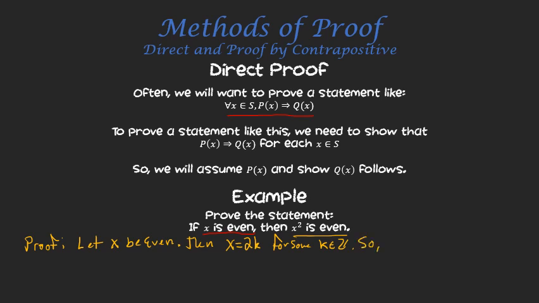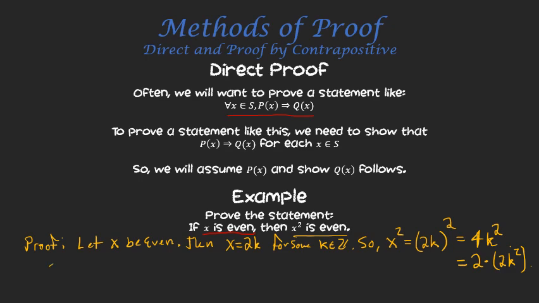So x squared then would be (2k) squared, and we can compute that. That's the same thing as 4k squared. Okay, we're almost there.